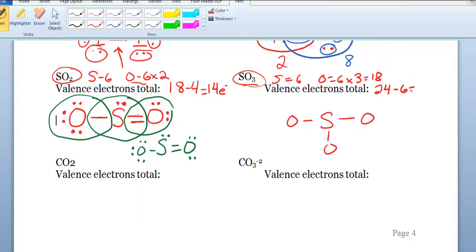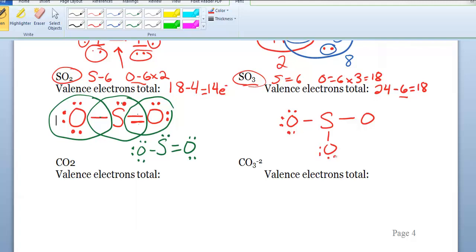And so now I've got 18 electrons still to place. Each bond is 2 electrons. There are 3 bonds. So 3 times 2 is 6 from 24 leaves me 18. So 18 with 3 oxygens makes me think, oh, that's good because I can put 6 around each of them and give them each 8 electrons.